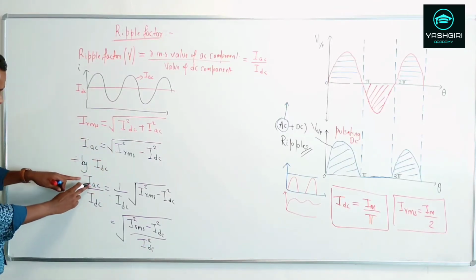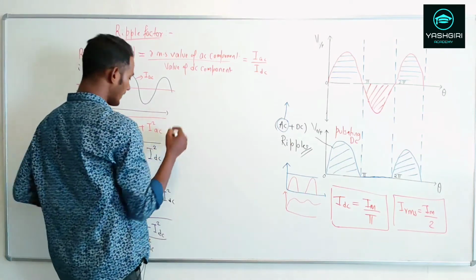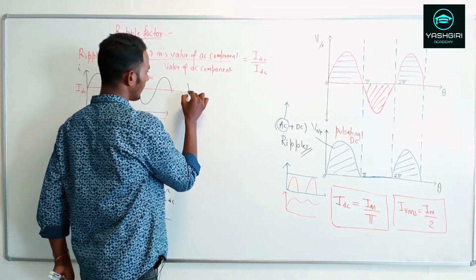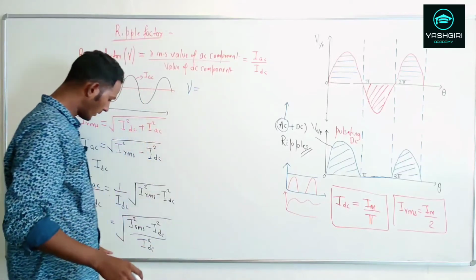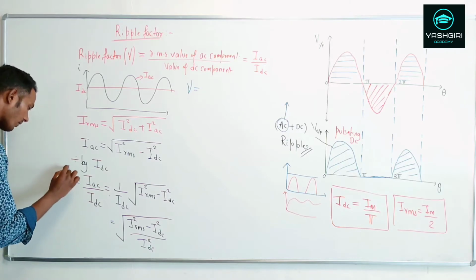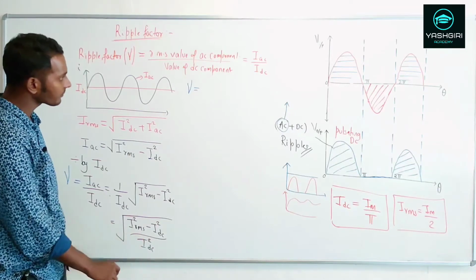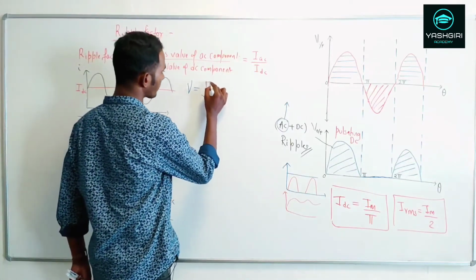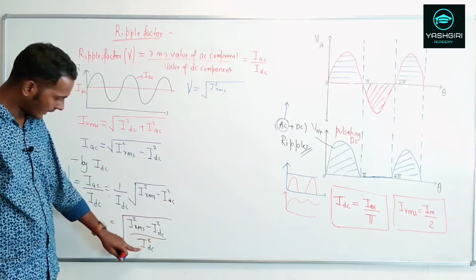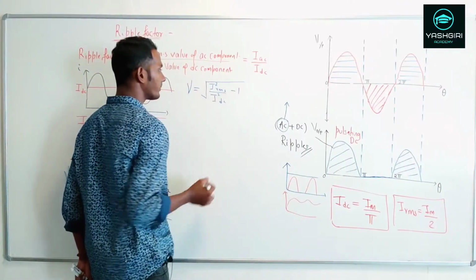Now this IAC by IDC is the ripple factor, mu. So I can rewrite the expression as: the ripple factor mu is equal to the square root of I square RMS over I square DC, minus 1.